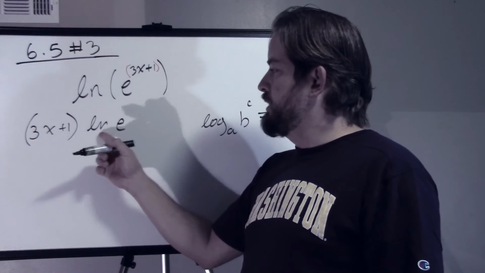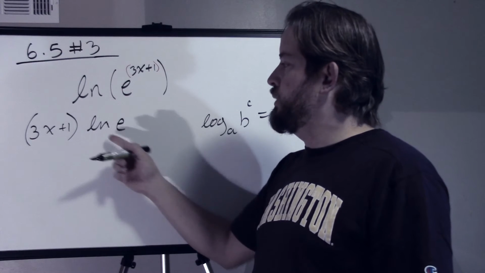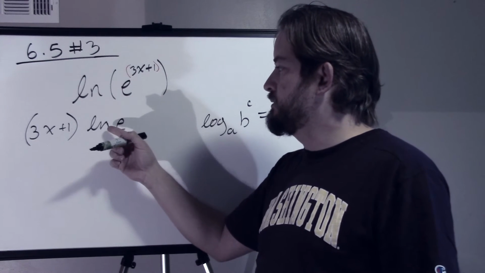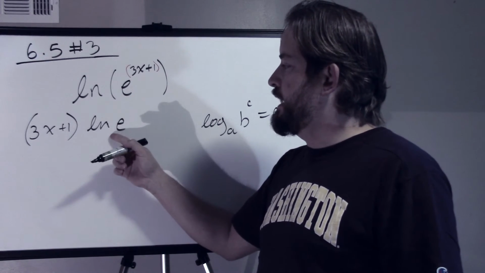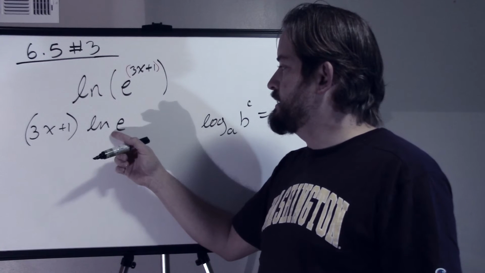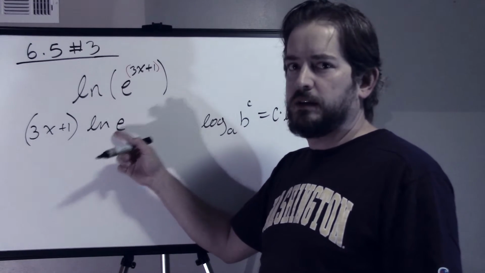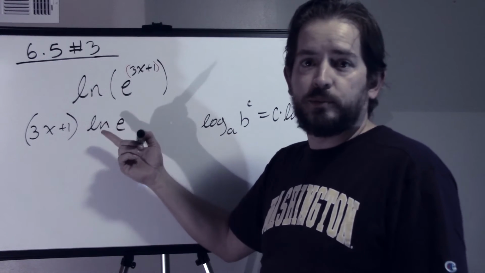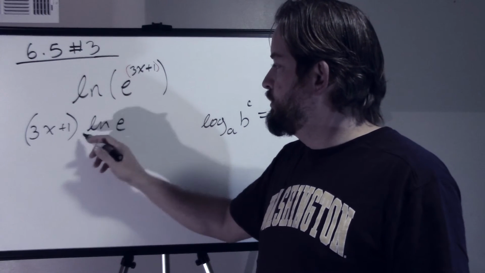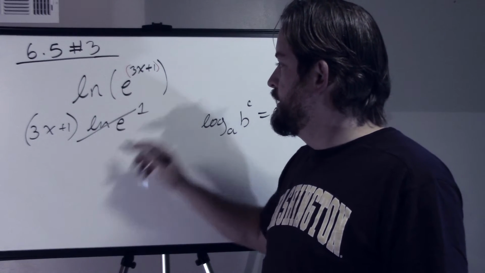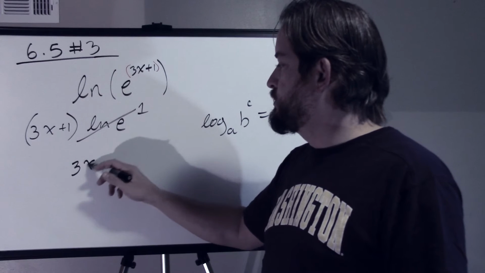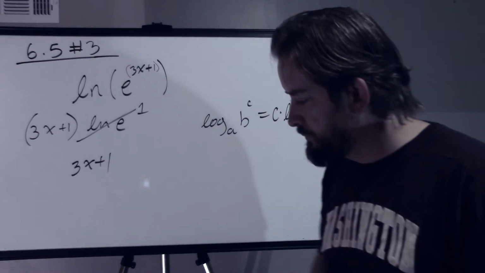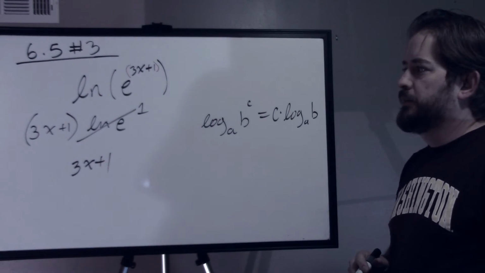But the natural log of e is 1, and this is that cancellation. Because the natural log has a base of e, this is like saying what power of e is e, and that's 1, the first power. So this simplifies out, that's just 1, and this ends up being 3x plus 1 as well. Good.